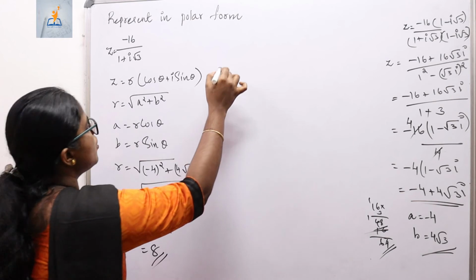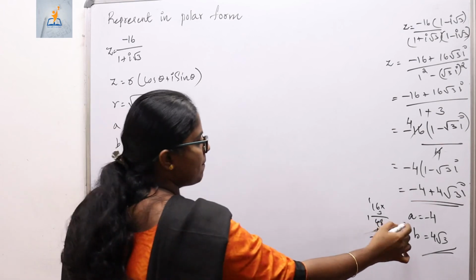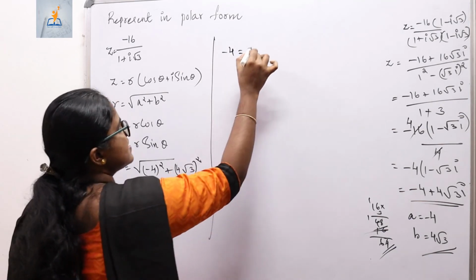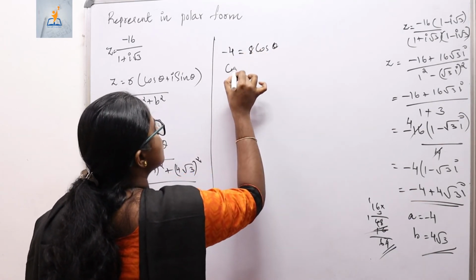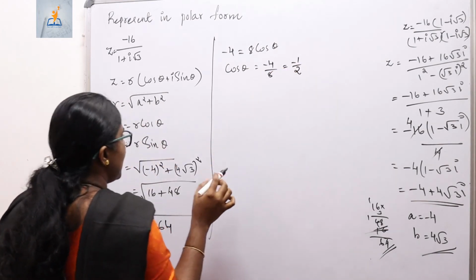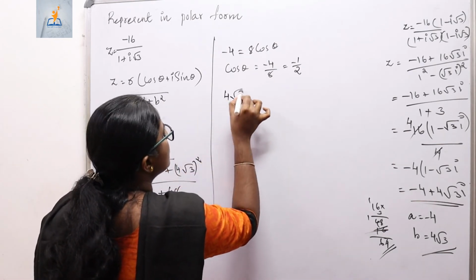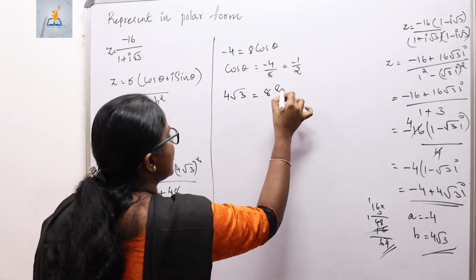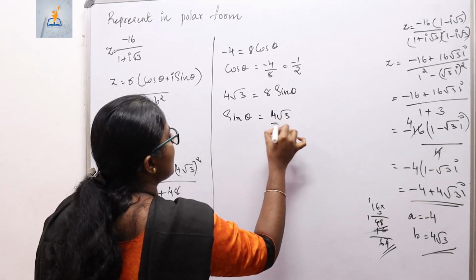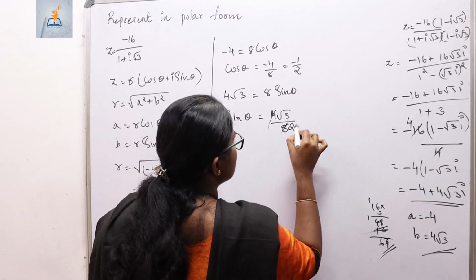Now we know that a is equal to r cos theta, which means minus 4 is equal to 8 cos theta, so cos theta is equal to minus 4 by 8, which is minus 1 by 2. Again, b is equal to r sin theta. b is 4 root 3, so 4 root 3 is equal to 8 into sin theta, and sin theta is 4 root 3 divided by 8. 4 and 8 get cancelled, it is root 3 by 2.